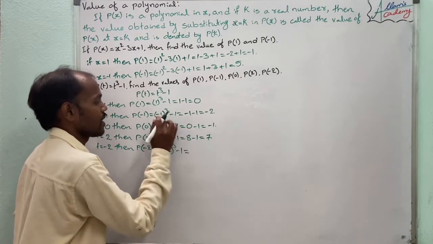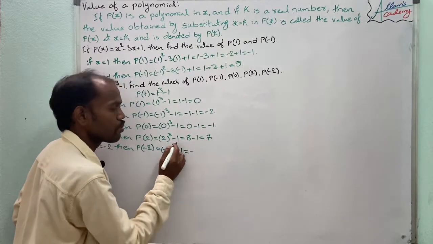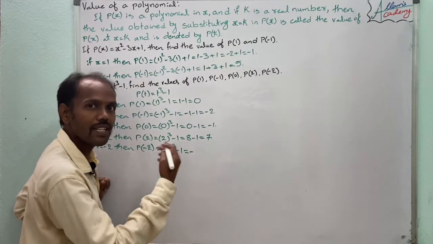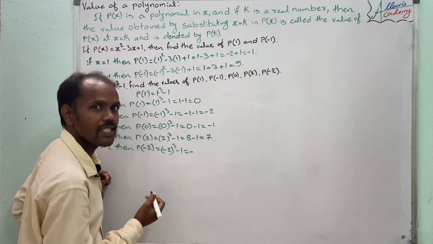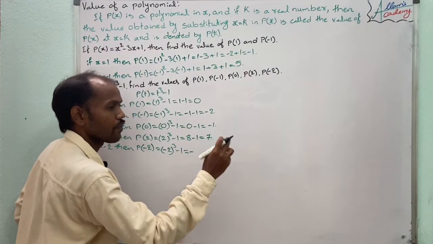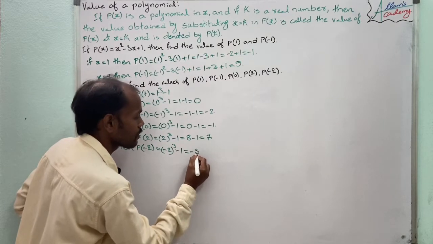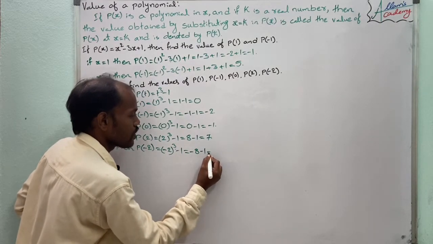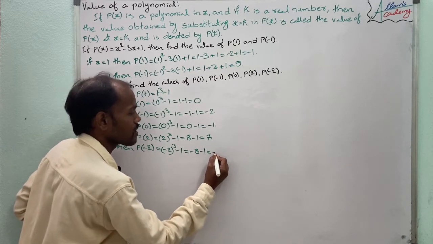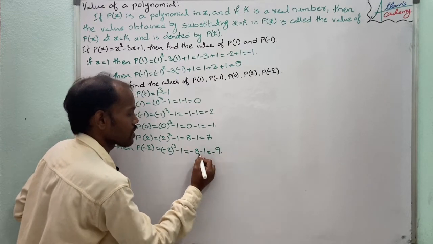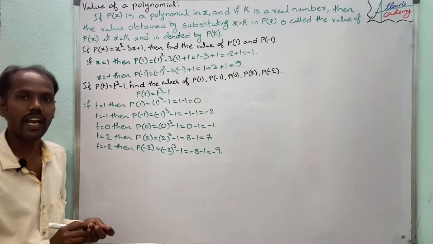As we said already, cube means multiplication 3 times. So 2 is multiplied by itself 3 times: 2 times 2 is 4, 4 times 2 is 8, then minus 1. Both are negative numbers, so we do addition and keep the minus symbol. So minus 8 minus 1 means minus 9.